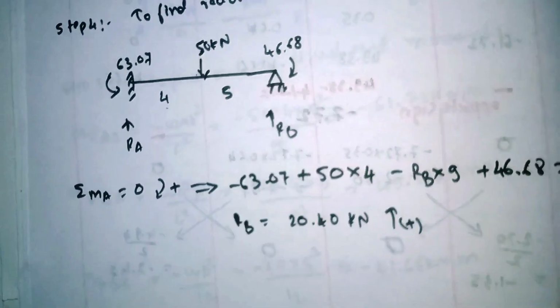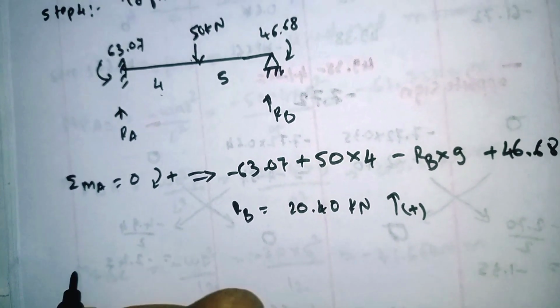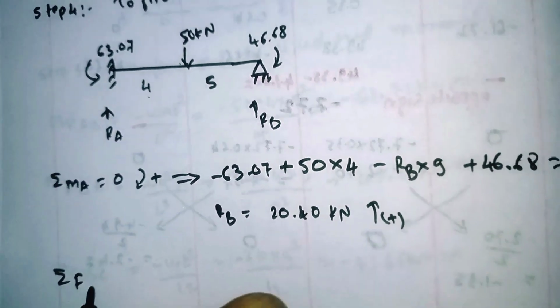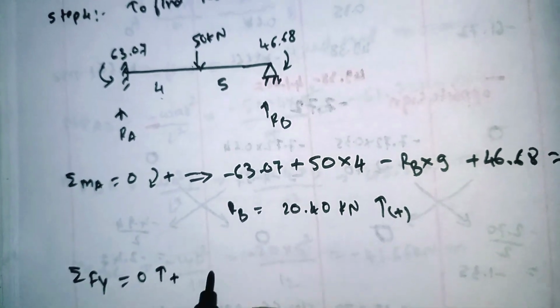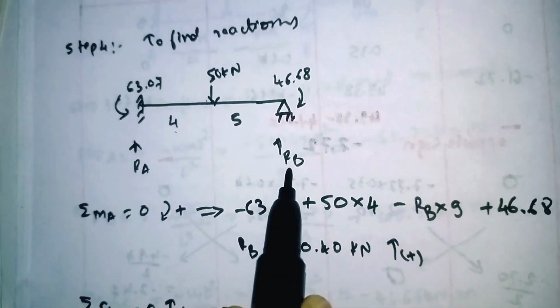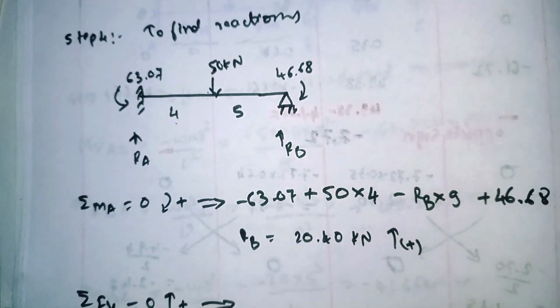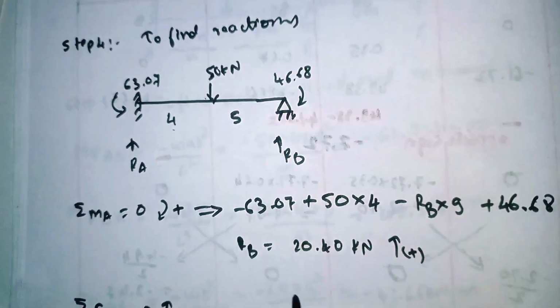This is clockwise, so it is positive. Next we'll go for the calculation of the RA. For that we have to take the summation of vertical forces equal to 0. Moving upward will be taken as positive. So upward here RA and RB are moving upward, and our point load is coming downward.